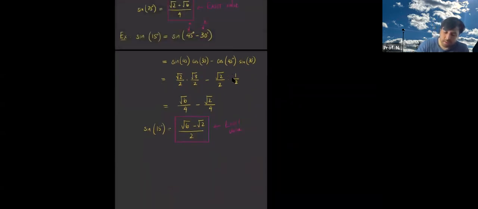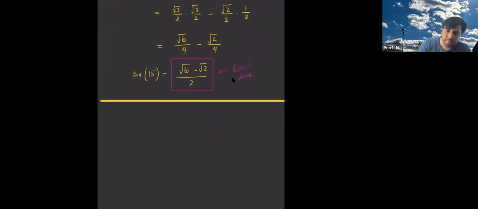So that's for sine. Now let's look at cosine. Thank you, Tiffany. You guys are on it. That's right, Tiffany. It should be a 4, not a 2. Pardon me. It should be the same denominator if you have the same denominators.